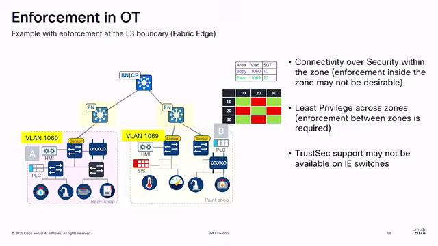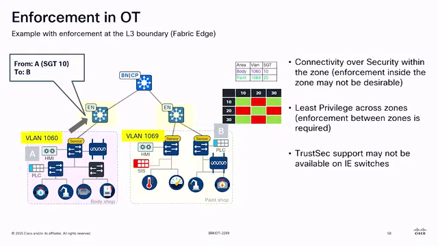In this example, we have two different areas. One is the body shop that runs in VLAN 1060, and the paint shop that uses VLAN 1069. The easiest is to have a policy that just assigns VLAN 1060 to a security group tag, and VLAN 1069 to another security group tag.